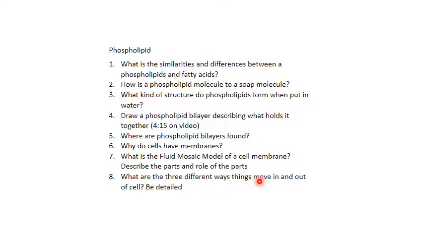And then there's active transport, which is kind of like facilitated, but instead of just allowing things to pass through whenever they want to, they have to pay a toll. ATP has to be released or given for these to move through.